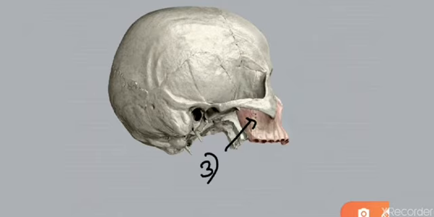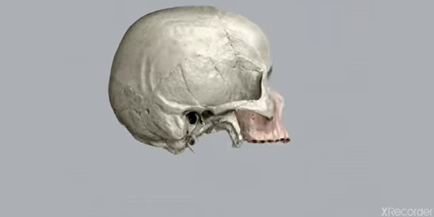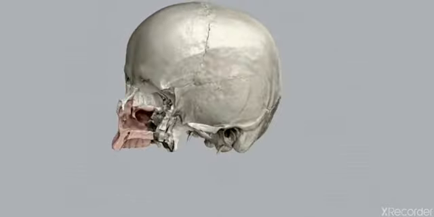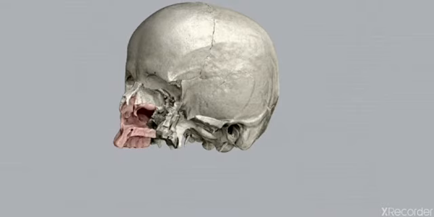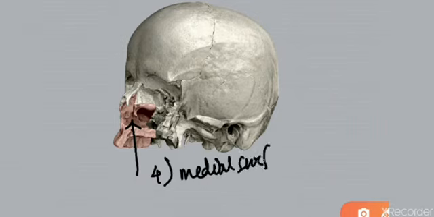That is the posterior surface, and last but not the least, that is the number 4, medial surface. So you get the 4 surfaces of maxilla.